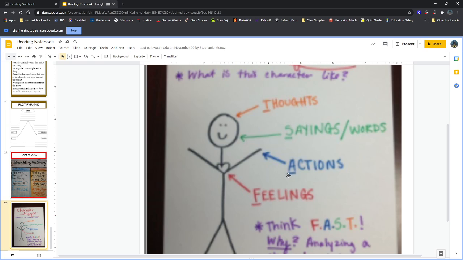The next thing you think about is the actions. What does the character do? So speaking of Coraline and how she loves her parents, what does she do that shows us that she loves her parents? Jadine? What does Coraline do that shows us she loves her parents?